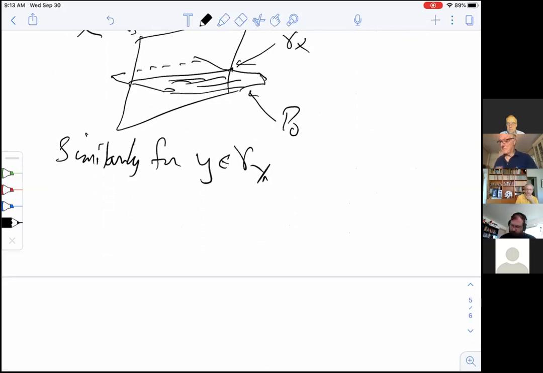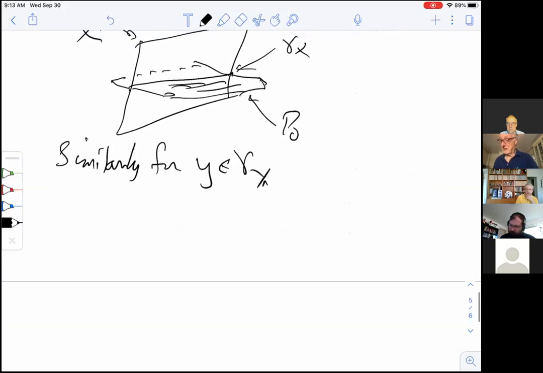I won't argue for that. That's fairly straightforward. So this gives me an embedding of P.